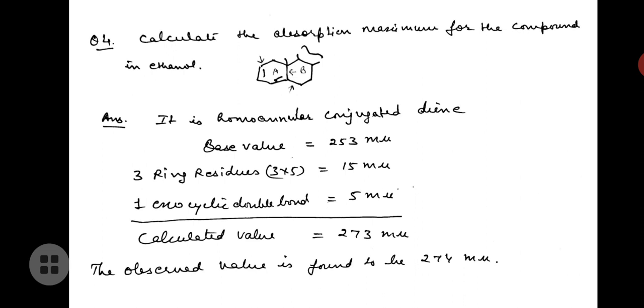There are 3 ring residues shown by arrows. So 3 into 5 becomes 15 millimicron. And now see, there is one exocyclic double bond. For an exocyclic double bond, it is 5 millimicron. So the calculated value is 273 millimicron and the observed value is 274 millimicron.